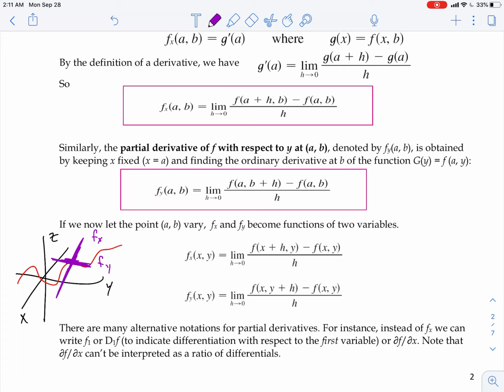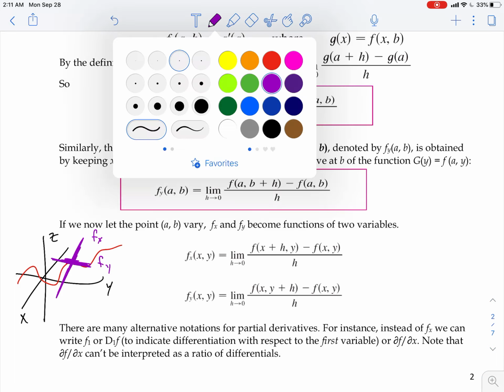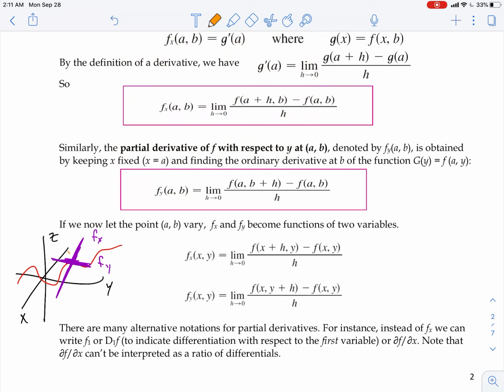We're just taking derivatives in two directions: a direction on the x-axis and a direction on the y-axis. And those are the partial derivatives that we're doing for today. Again, we can do directional derivatives, where we can pick a direction and take the derivative that way.